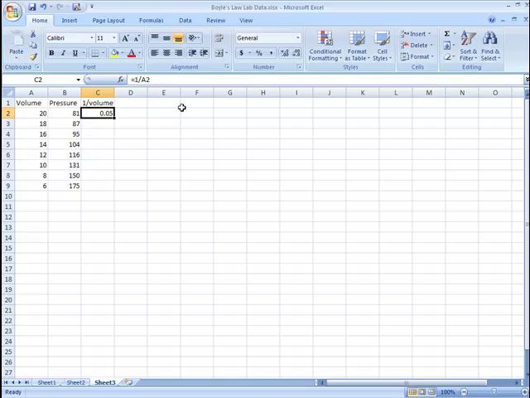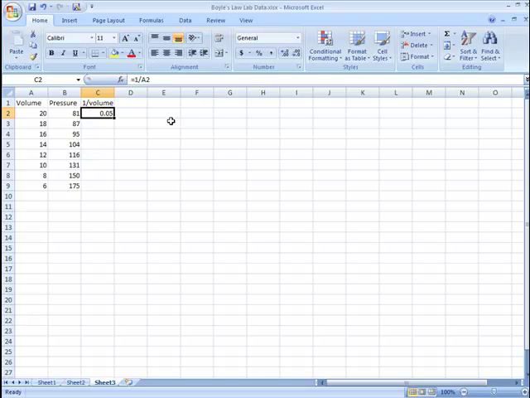Now, this group, like most groups, whenever you look at 1 over volume, you take 1, you divide it by the volume, you write a fraction. Unfortunately, 1/14 and 1/10 are very hard to graph. They're like impossible to graph. So, in science, we always use decimals so that we can graph the data easier.